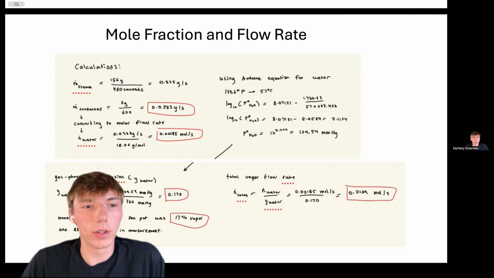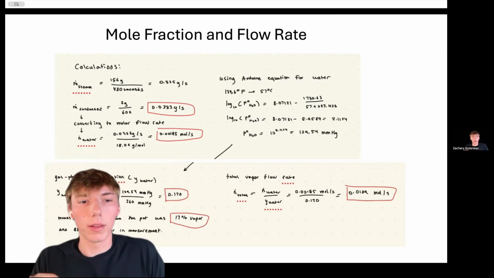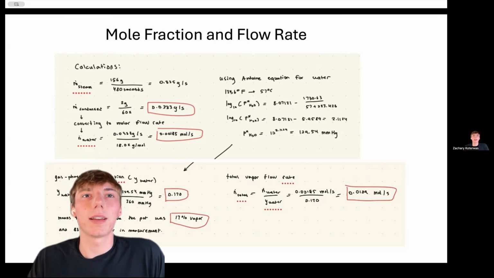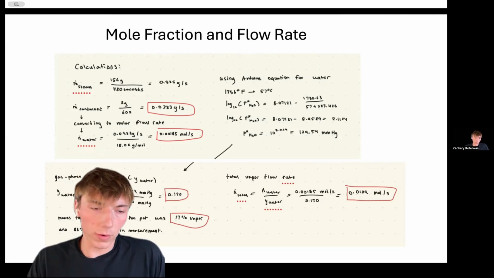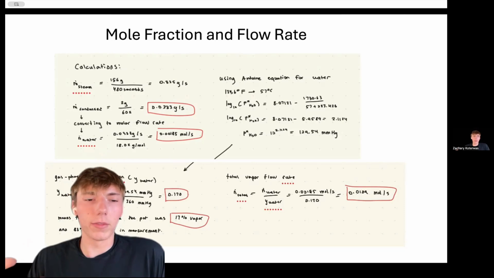And then I took the mass flow rate of water condensed, the 2 grams collected from the pot lid, and divided it by 60 seconds to get 0.0333 grams per second. And that was converted into a molar flow rate where I took the grams per second and divided it by the molar mass of water to get 0.00185 moles per second.